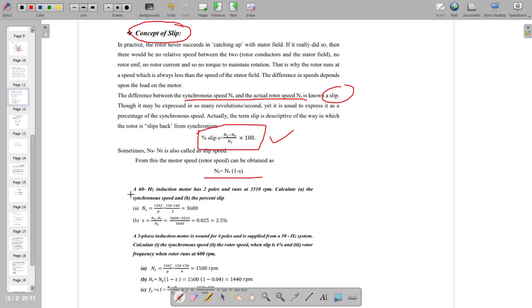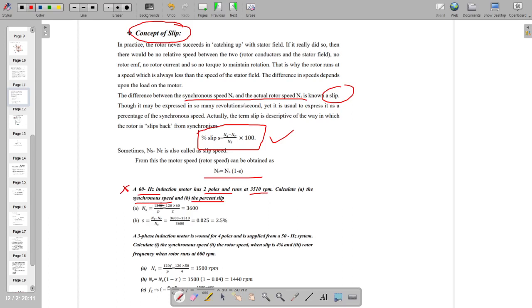Please remember these two relationships in order to calculate the problems. First, a simple problem: a 60 Hz, 2-pole machine runs at 3510 rpm. Calculate the synchronous speed and percentage slip. We are given the number of poles, frequency, and speed of the machine.